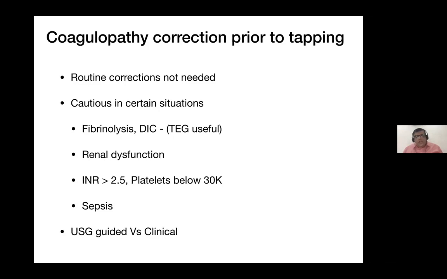And in fact, to be honest, we have seen probably more complications of major bleeds following USG guided tapping than clinically doing the tapping, because when they see on ultrasound large pockets of fluid, sometimes complacency creeps in, especially if you have an inexperienced person doing USG guided ascitic fluid tapping.